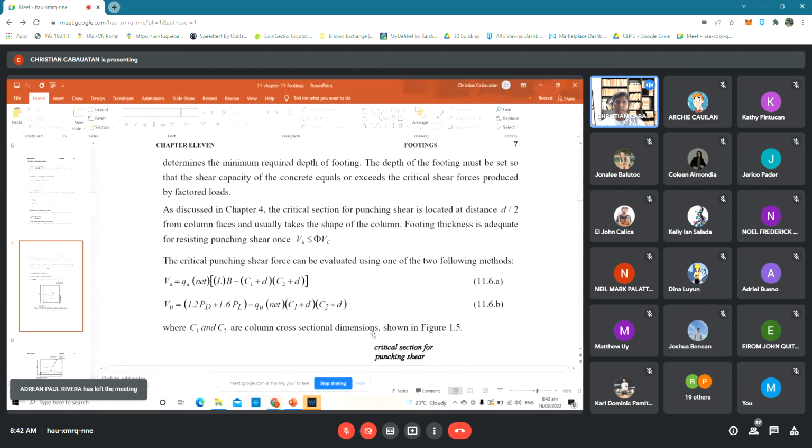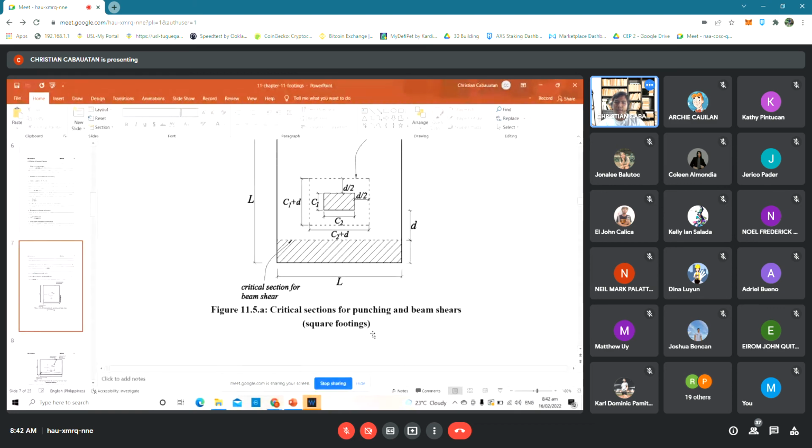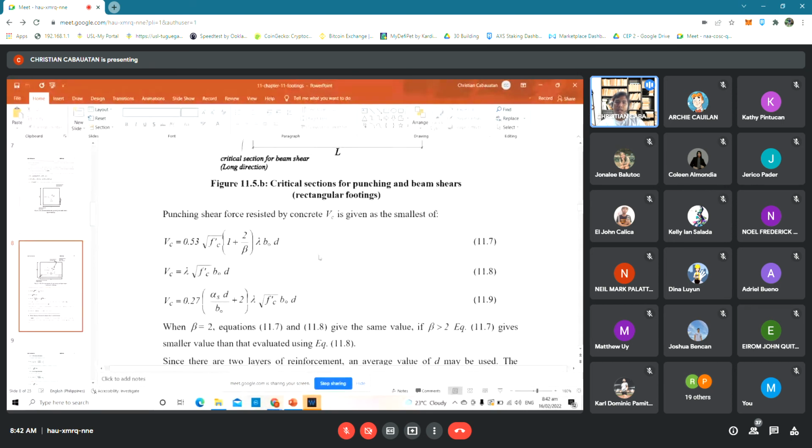We will not dwell on that much because it would be covered in your reinforced concrete, or sometimes in your steel design. Are you familiar with this formula, Vc, the punching shear force? Vc is equal to 0.53 square root of f prime c. Anyone familiar with this formula? Hindi po, sir. So, what topic are you in now in reinforced concrete?